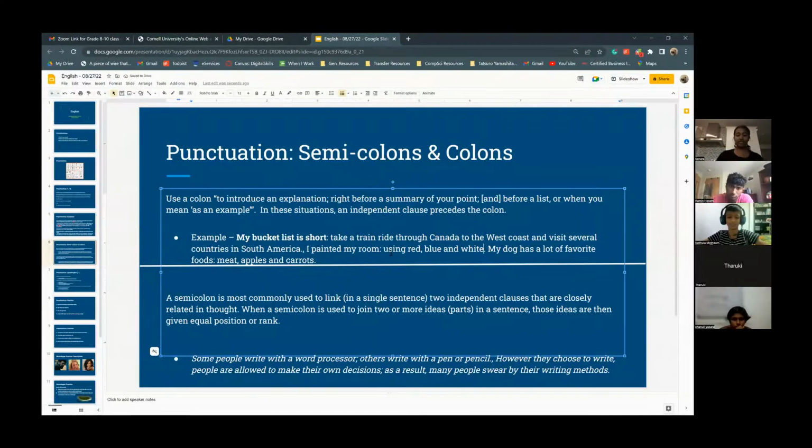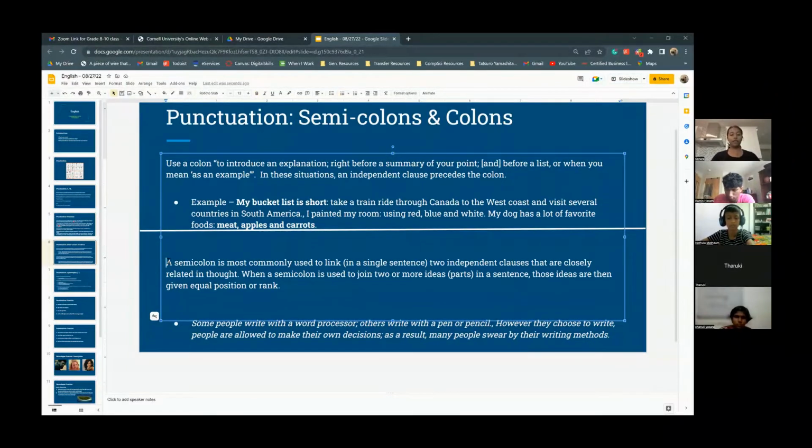So my dog has a lot of favorite foods: meat, apples, and carrots. My dog likes to eat carrots. I don't know if yours does. So my dog has a lot of favorite foods. This example shows that we use a colon right before a list. Right? And then my dog has a lot of favorite foods could be its own sentence. Therefore, it's an independent clause. Okay? All right.